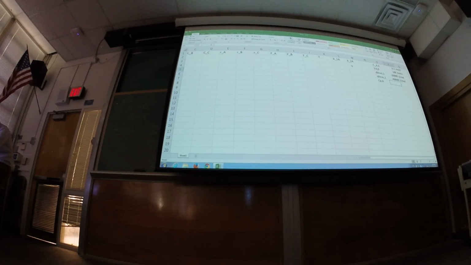Heat capacity of A 90, heat capacity of B 90, heat capacity of C 80 joules per mole Kelvin. UA 4,000 joules per liter second Kelvin.